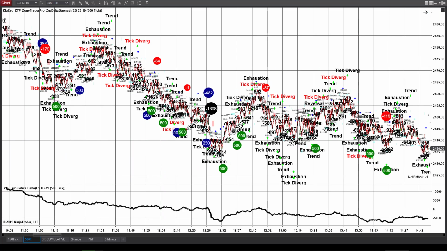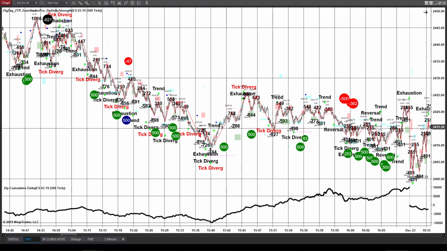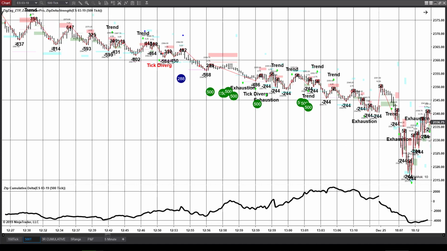Continuing through the day, this trader continued to build a position as price traded down. And at the close on the 21st, this large lot trader bought even more. The trader finished building his position at the close on December 24th.